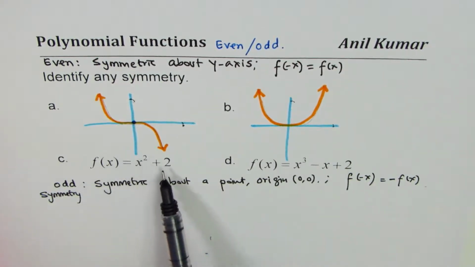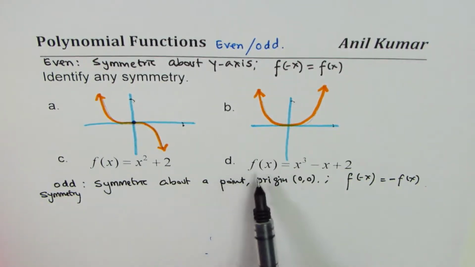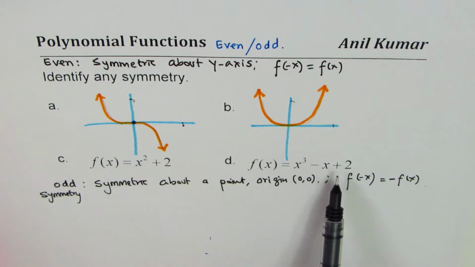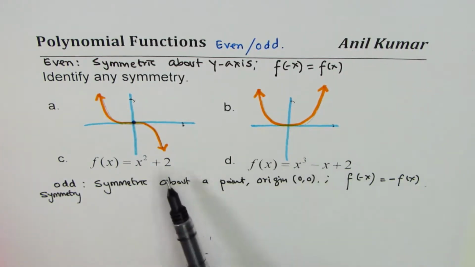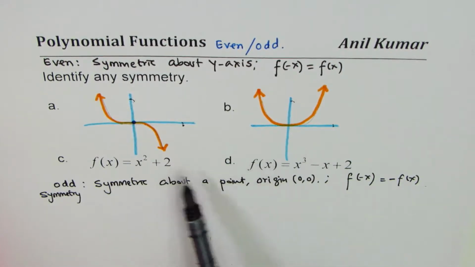C is f of x equals x squared plus 2. D is f of x equals x cubed minus x plus 2. You have to find what kind of symmetry these functions have, right? So that's the question for you. You can always pause the video and answer the question.